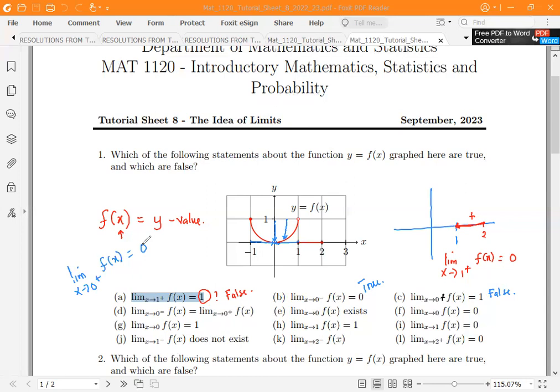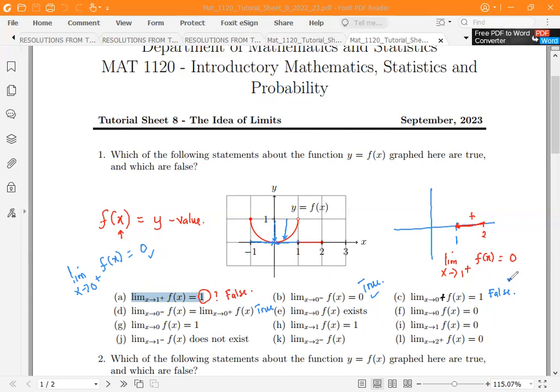Then D is asking us to say, from observation, is the limit as x goes to 0 from left equal to the limit as x goes to 0 from right? Yes. They are equal because we have found 0 here. We have found 0 there. Though they gave us a wrong one here, we know the correct one. So if we use the correct one, they are equal.